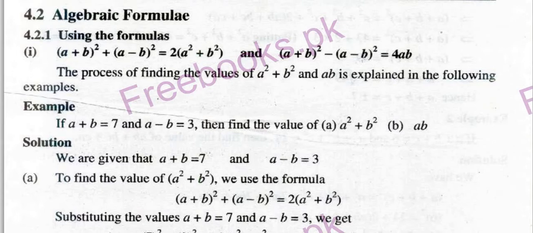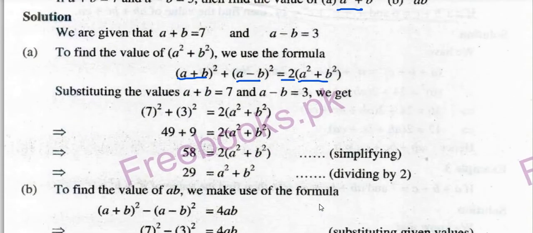To find the value of this, we use this formula because there is a² + b². We use the formula (a + b)² + (a − b)² = 2(a² + b²). a + b is given, a − b is given, 2 is constant and this is the unknown.